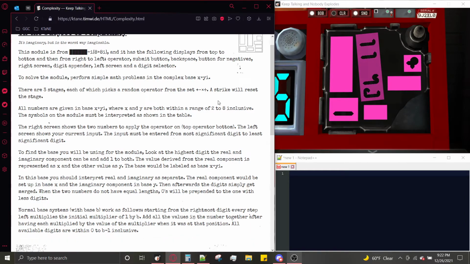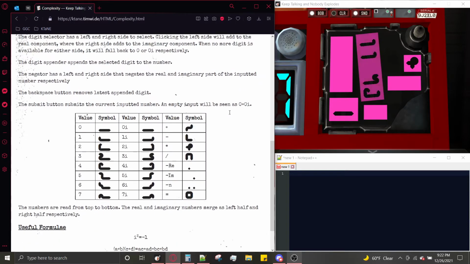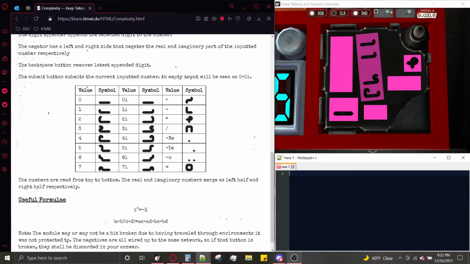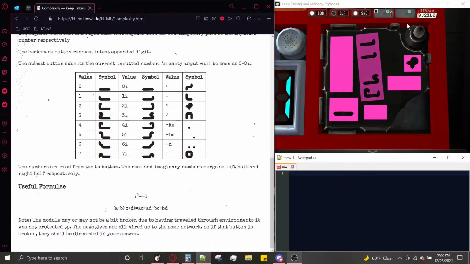Anyway, how do we interpret what we're seeing here? As I said before, the module uses imaginary numbers. If you don't know what an imaginary number is, it is just represented by the letter i. Whenever we have a line segment with 2 different ends, the left side of the line corresponds to a number in a certain base, and the right corresponds to a different number in a different base, multiplied by i.